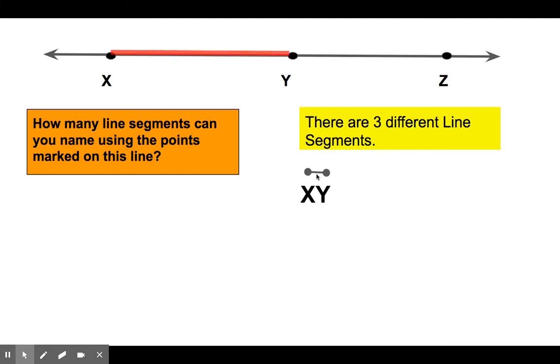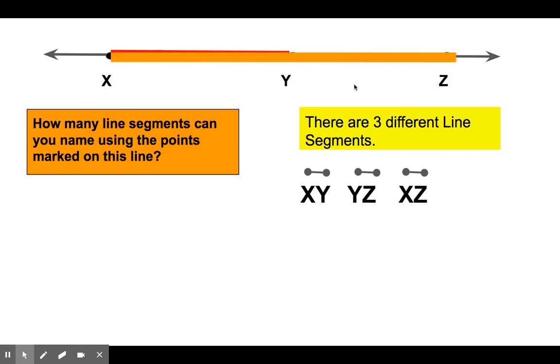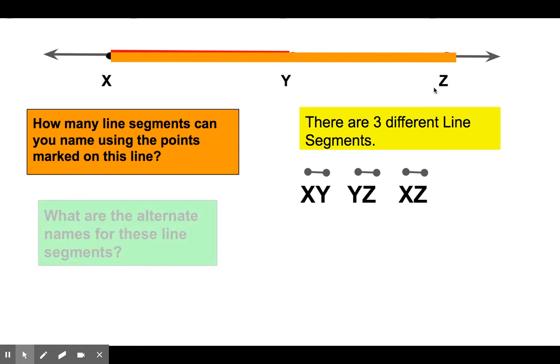And here's where line segment XY is. Now we have line segment YZ as well, and that's where line segment YZ is. And finally, you have line segment XZ, and that goes all the way from point X to point Z.